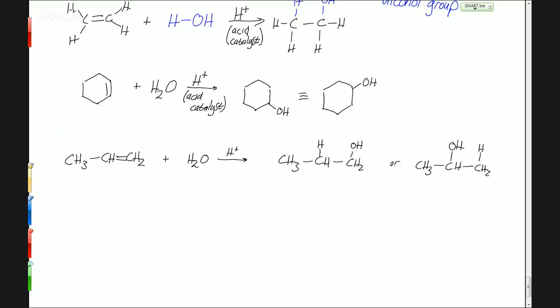So we have to figure out which one is actually more favored. And this can be done experimentally and verified that, in fact, this is the one that is favored. And this one we don't see so much. So how do we remember that?